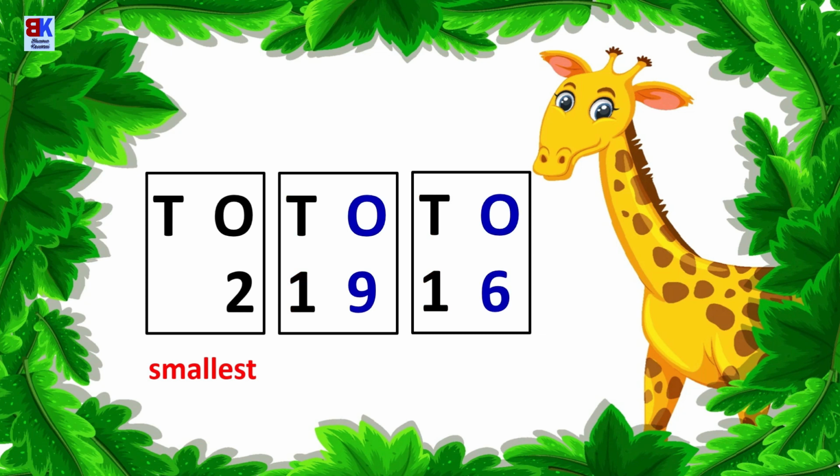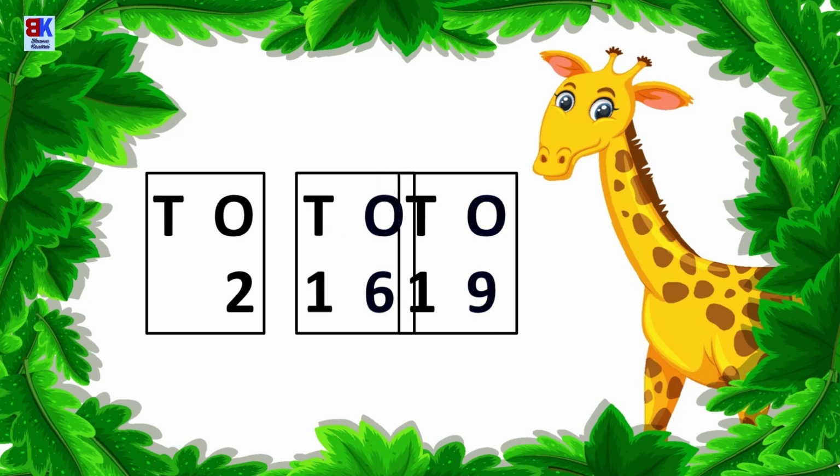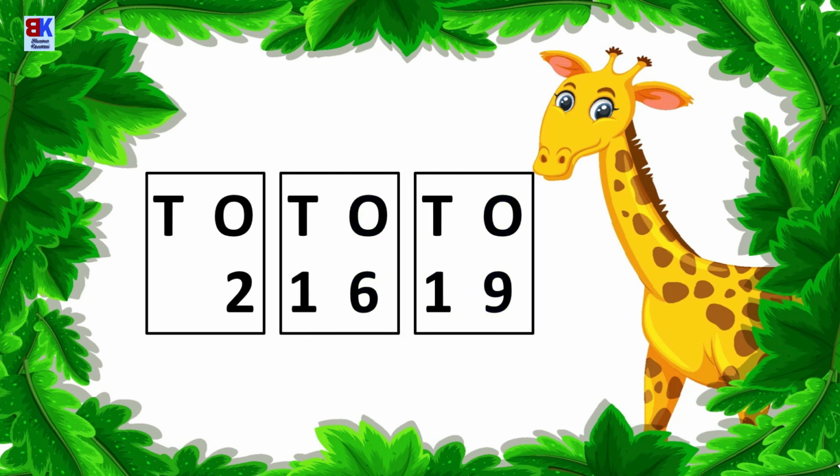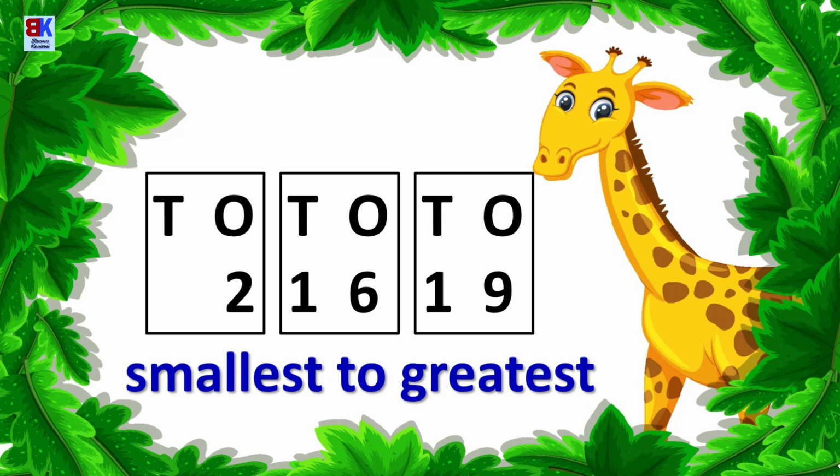Going by that, when we compare the numbers, we find that 9 is the greatest. So let's arrange all the 3 numbers now in ascending order. 2 is the smallest, 16 is greater than 2 and 19 is the greatest of them all. So now we have arranged the numbers from smallest to greatest in ascending order.